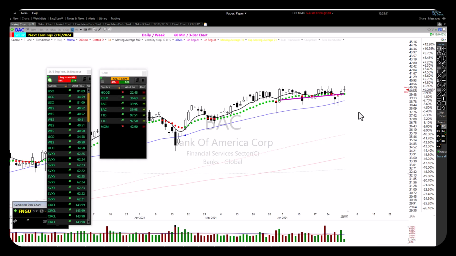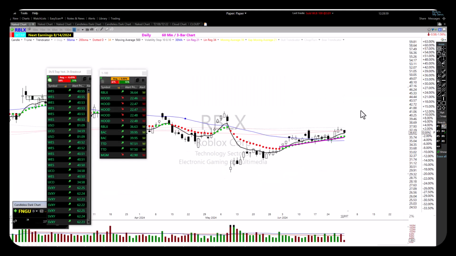So for those that get lost in some of the more expensive stocks, that's what's rocking right now. There's a reason why expensive stocks are up higher now, because they're the ones working. But it doesn't mean that there's not lower price stocks in there. You just have to wait for them to come up.